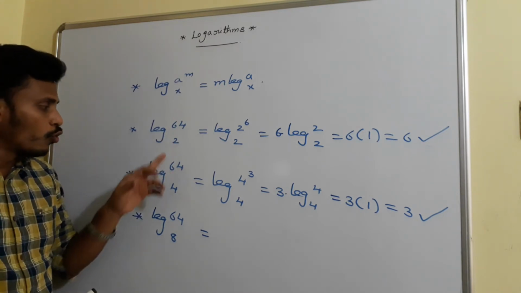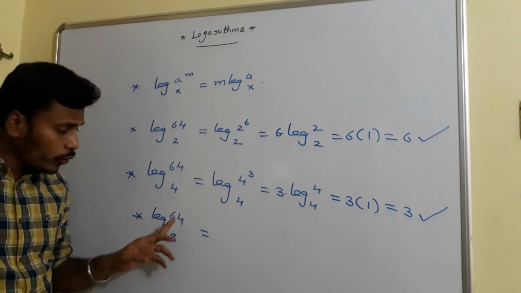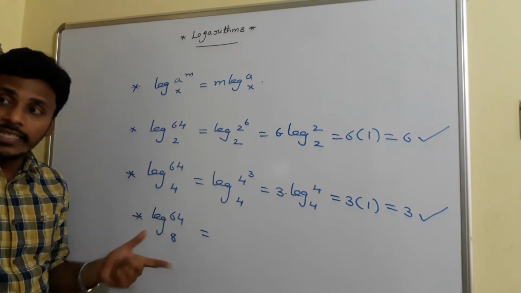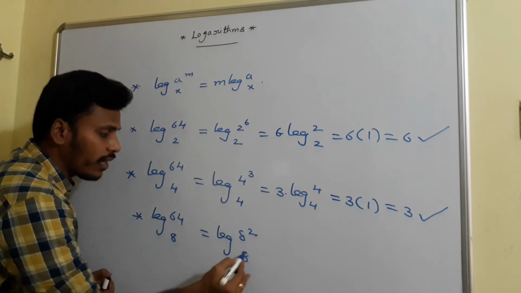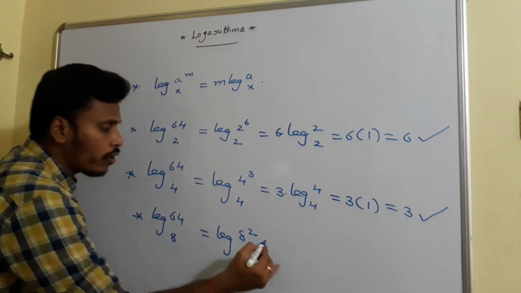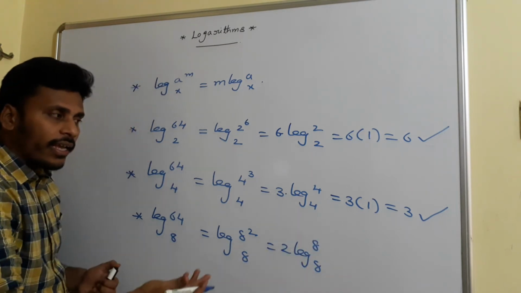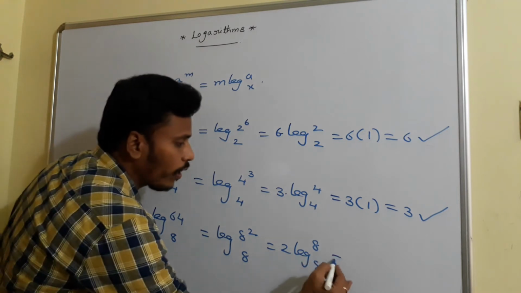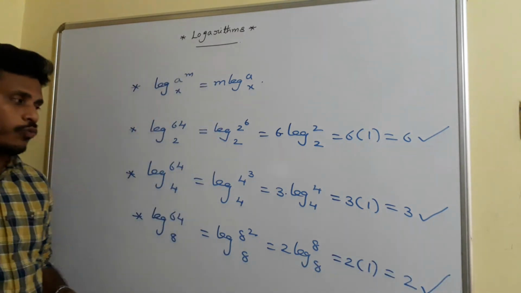Here the base is 2, here the base is 4, here the base is 8. Since the base is 8, you need to express this 64 as a power of 8. If you express it as 8 square base 8 and send this 2 out, it becomes 2 log 8 base 8. Again, logarithm of 8 base 8 is 1, so you write 2 into 1 and your final answer is 2.